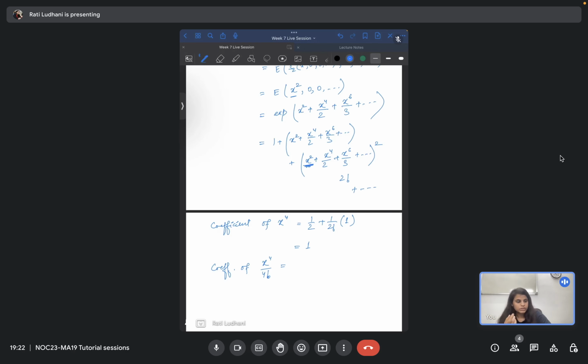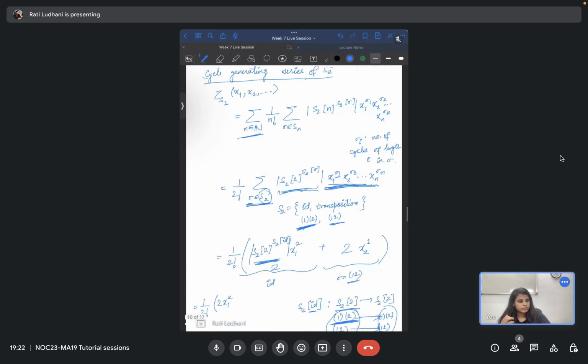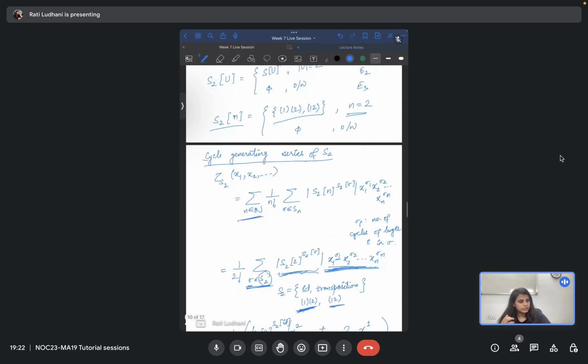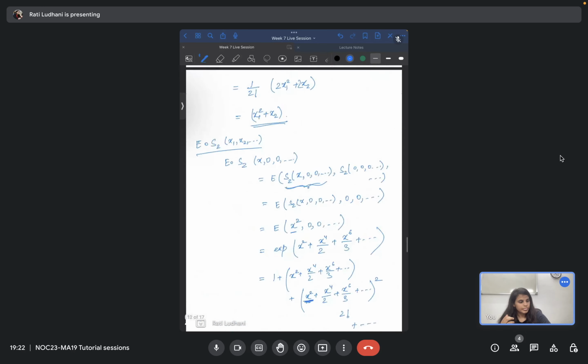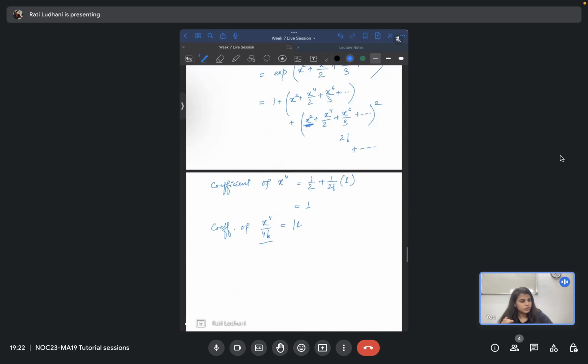So what have we called it? E of s2 of 4, so this will give this value, so you'll get 4 factorial. Yeah, is that clear?